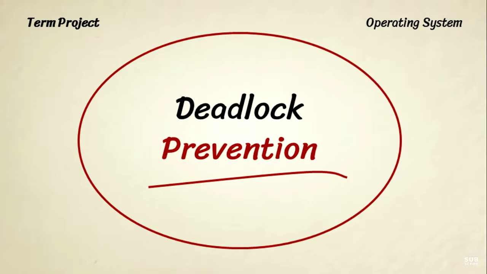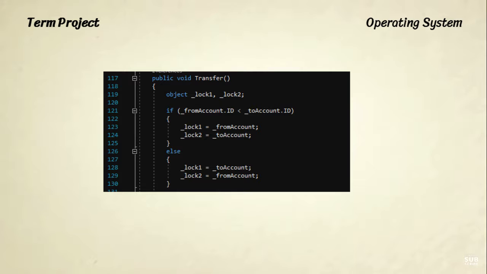In this project, we will show you the deadlock prevention technique by acquiring locks in a specific defined order. We create two objects and let the account ID determine the order of acquiring locks, and this is the code at line number 117.